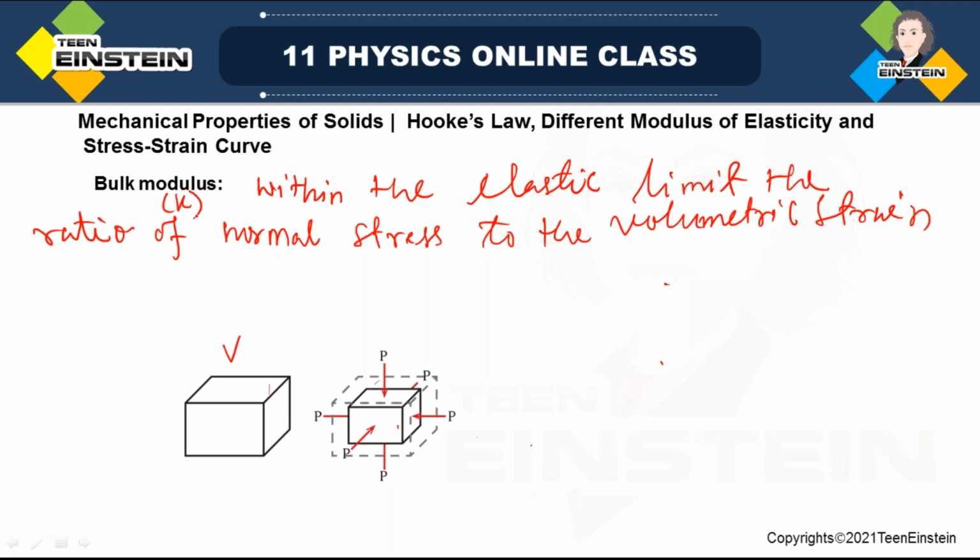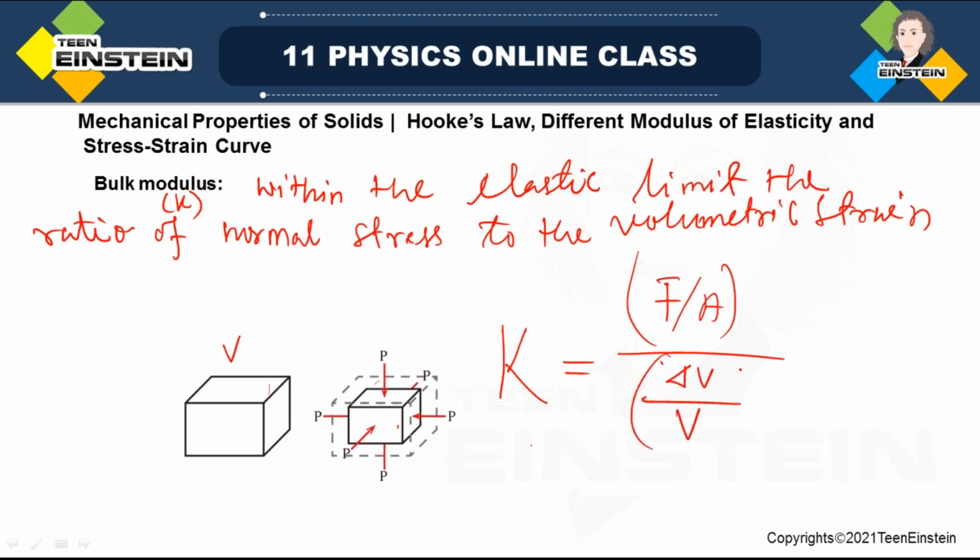Bulk modulus is denoted by capital K. So F by A will be the normal stress, and strain will be delta V by V. Now I can write force per area as pressure.